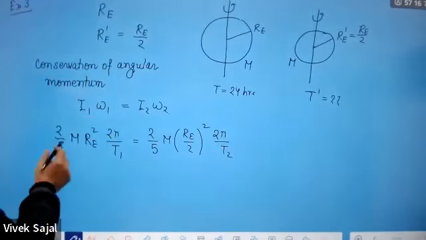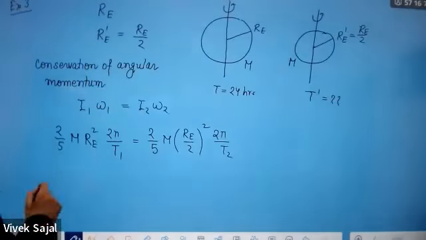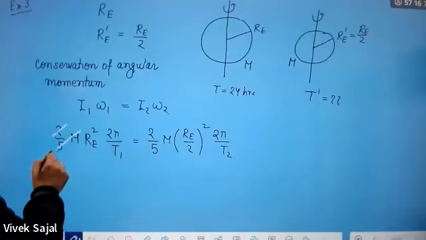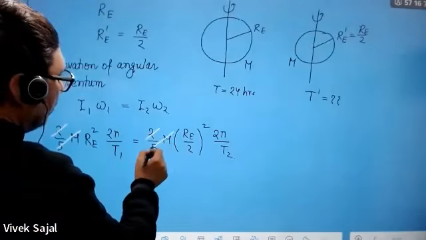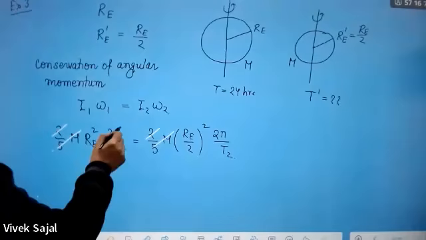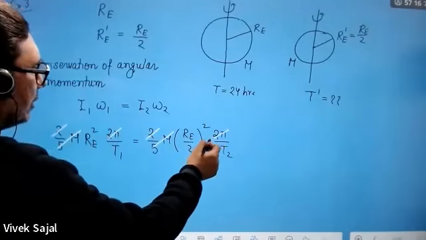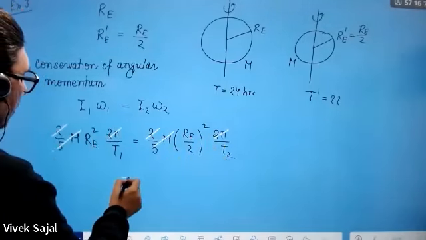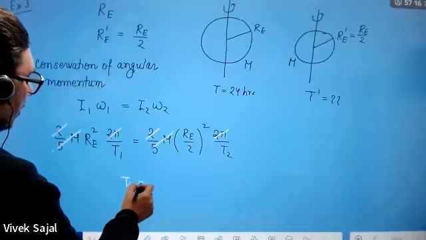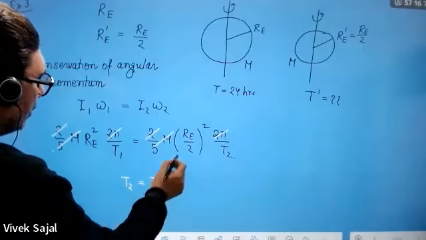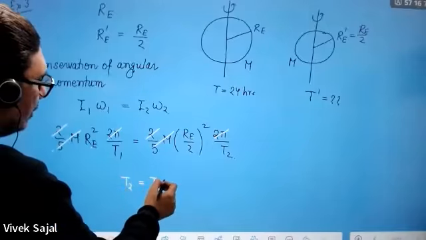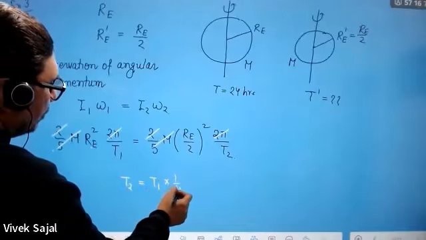Look here, this 2 by 5 and this 2 by 5 cancel out. This 2 pi will cancel out. So this T2 is here, T1 is here. RE square will cancel out and we will be left with 4.